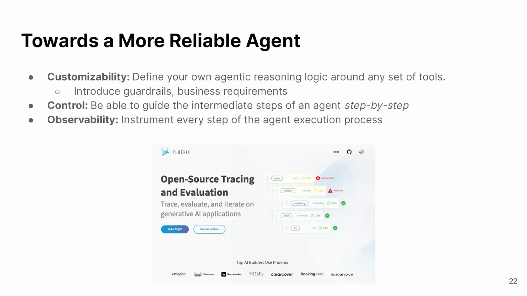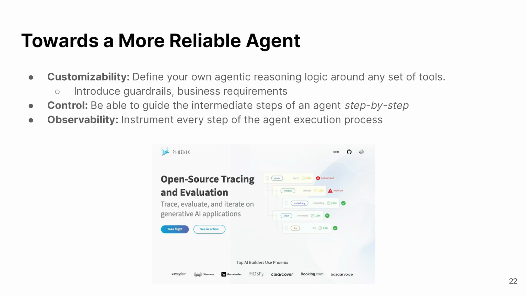So towards building generally, if we think about some of the pieces that make a single agent more reliable, one is we see more and more people not just using an off-the-shelf React agent, for instance, or an agent that just calls function calling in a while loop. We see a lot of custom implementations of agents.